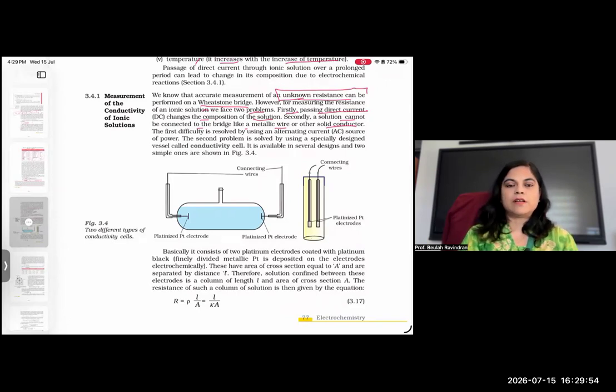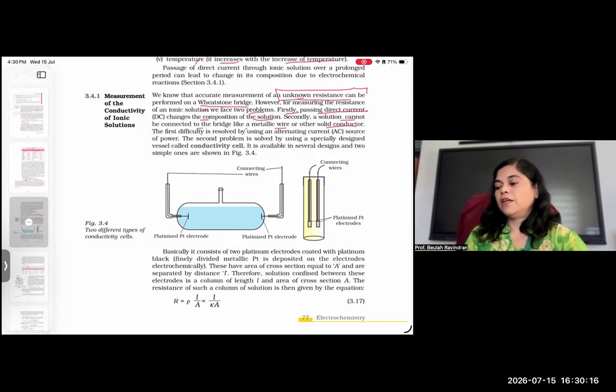If there is a connecting wire, we can connect it with the bridge, but here we cannot do that with a solid conductor. It's an electrolytic solution, not a solid conductor, so it cannot be connected with a wire. So how can we solve these difficulties?